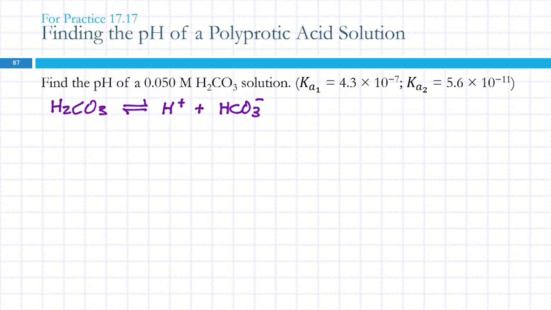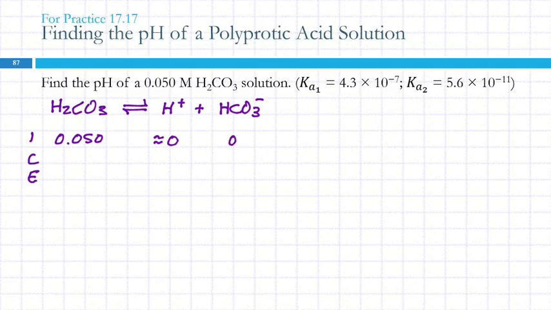So then we'll make an ice table, and we'll write down the initial concentrations. Here we're given the concentration of the carbonic acid, 0.050. What's the initial concentration of hydrogen ion? 0. And HCO3 minus, also 0.